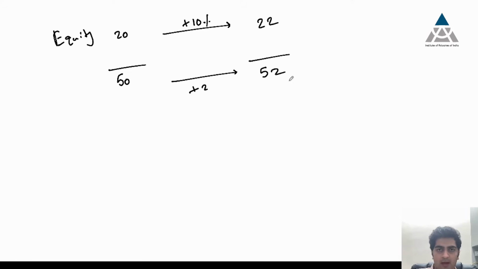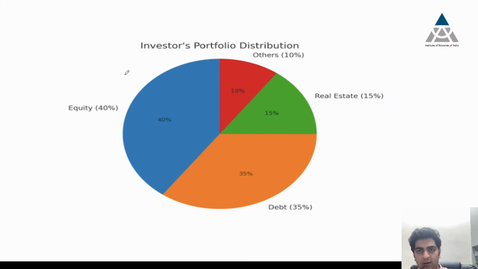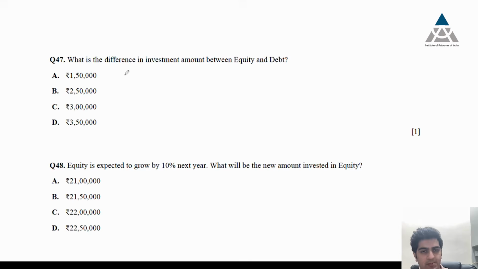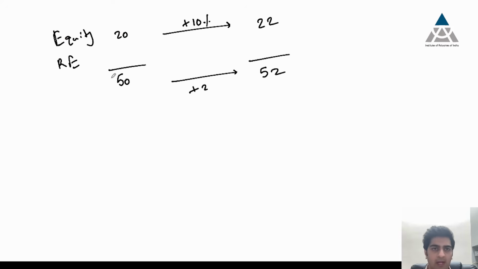Correct? So now, because the question is about real estate, what amount do you have invested in real estate? Real estate is around 15% of your total investment, which means 15% of 50 lakhs, which we calculated earlier, is 7.5 lakhs, and this will not change. This will be the same 7.5 lakhs.